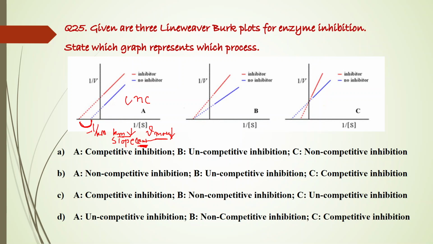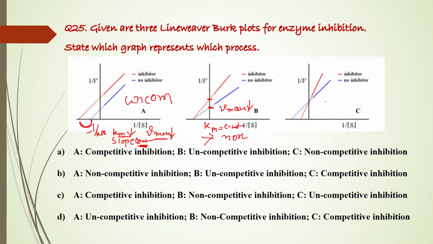So whenever Km and Vmax both are decreasing and the slope is remaining constant, that means it is a type of uncompetitive inhibition. Now in this case Vmax has decreased but the Km value remains constant. Whenever this happens, this is a non-competitive inhibition.